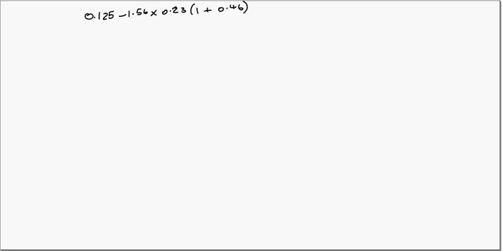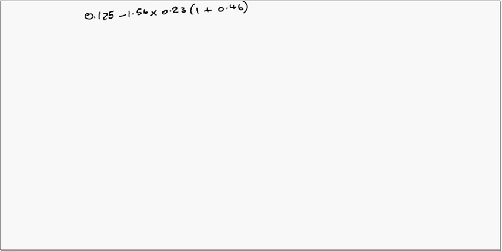Okay, so in this question, you apply BODMAS as we were doing from before, and that means that we must do what is in brackets first. Without even putting pen to paper, could you tell me what is 1 plus 0.46? 1.46. You don't actually have to go and add up that. You could see that manually.